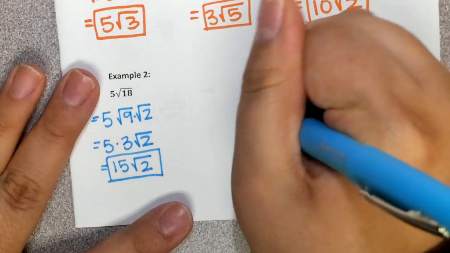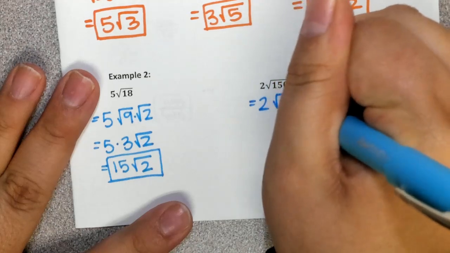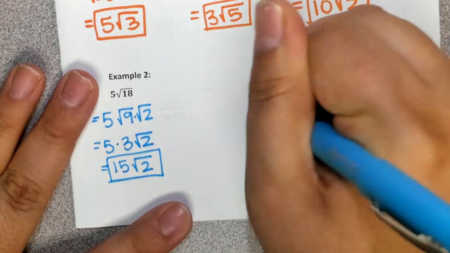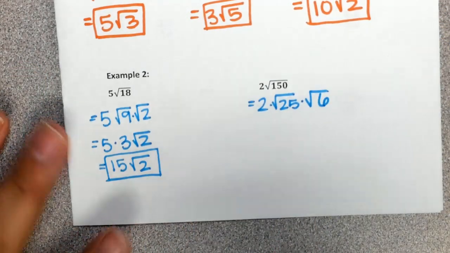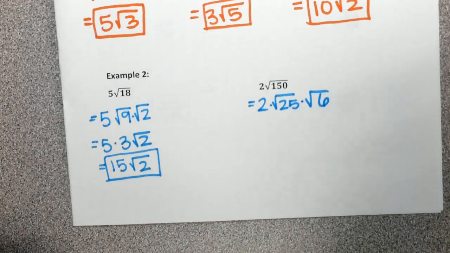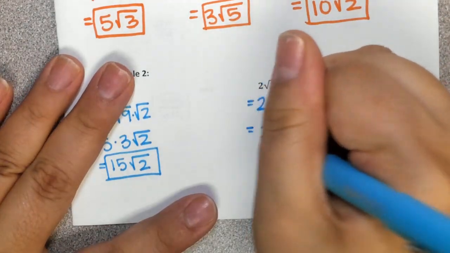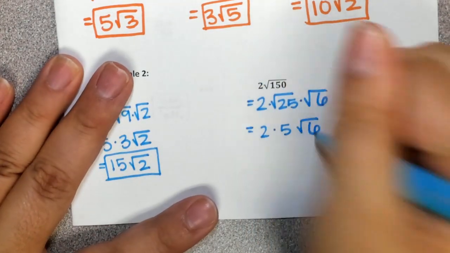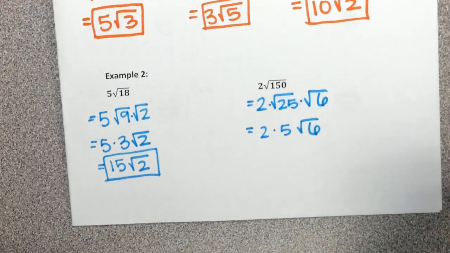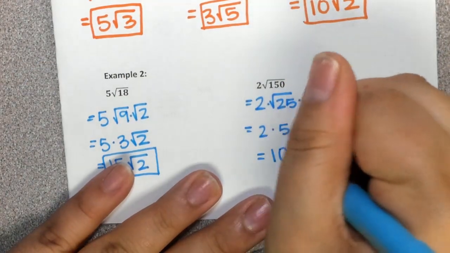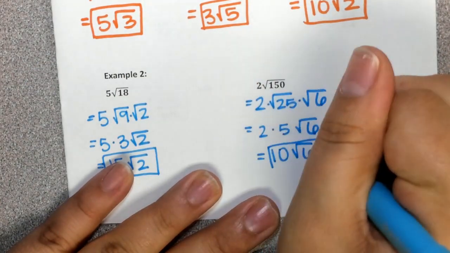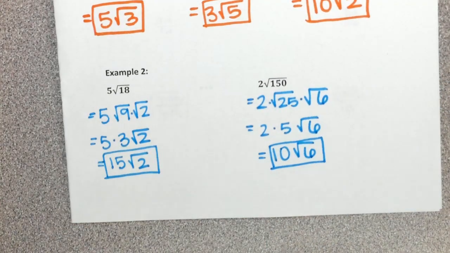All right, so this is 2 times 25 times 6. And what is the square root of 25? Which gives me, and that's my answer.